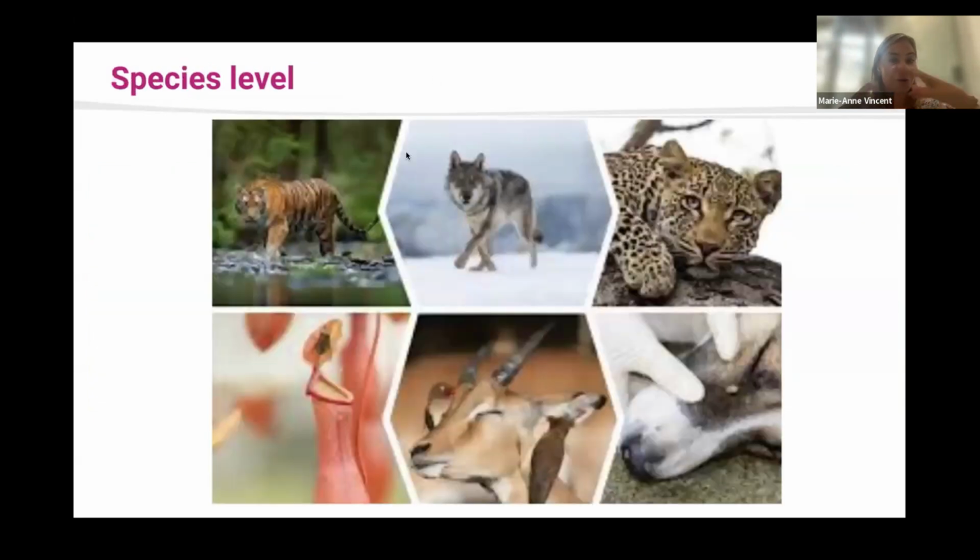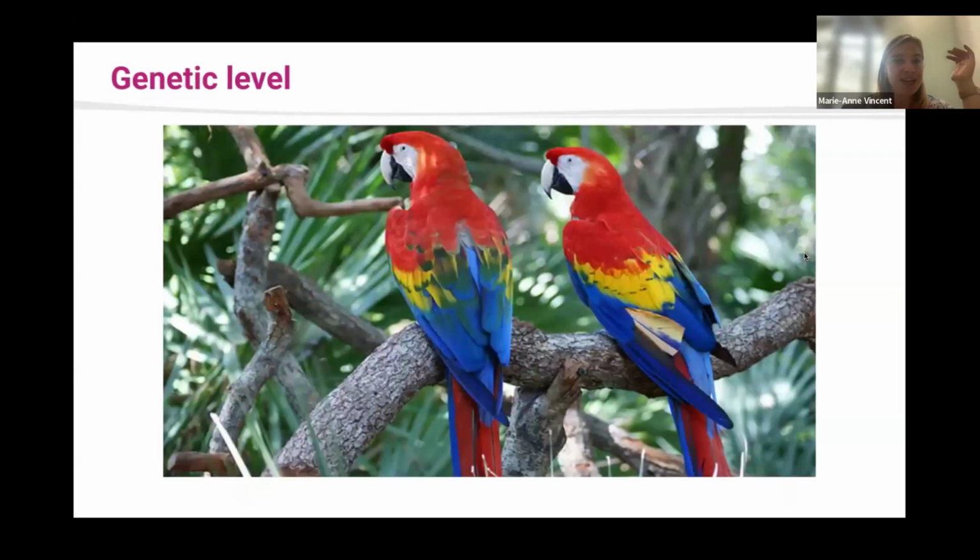Diversity of species, of course. That's the nice tigers and jaguars, but also insects, bacteria, fish, corals, etc. We need a lot of diversity of species to make sure that we respect these equilibriums as well. And diversity of genes, which we don't talk about a lot.